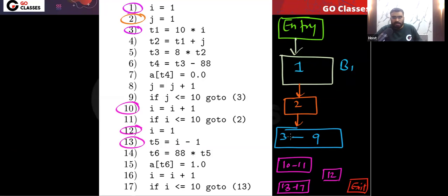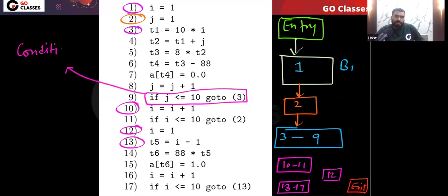So you can see that from this block 3 to 9, where the edge will go? See, this is a conditional jump. Yes or no? This is a conditional jump. So because of this, how many edges will come? There will be 2 edges.